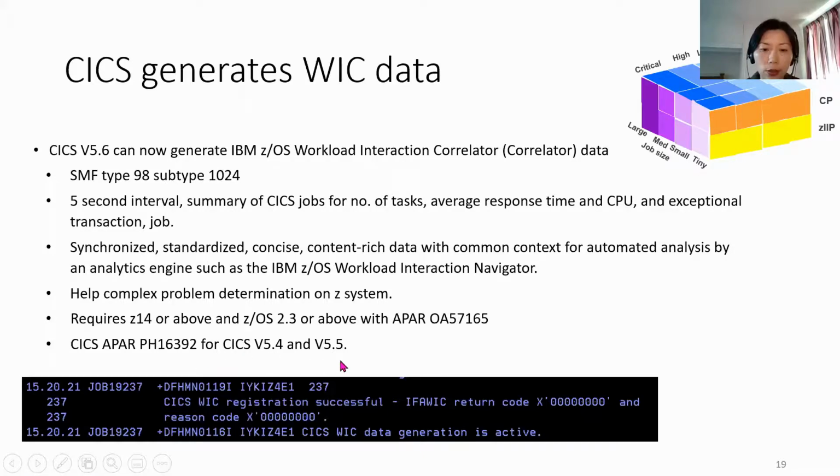So if you have this APAR installed on those 2 releases, and also if you have the 5.6 CICS release, and z/OS is enabled with this workload interaction correlator, then when CICS starts you would see message DFHMN10119 saying the registration was successful, and CICS will report that data generation is active.